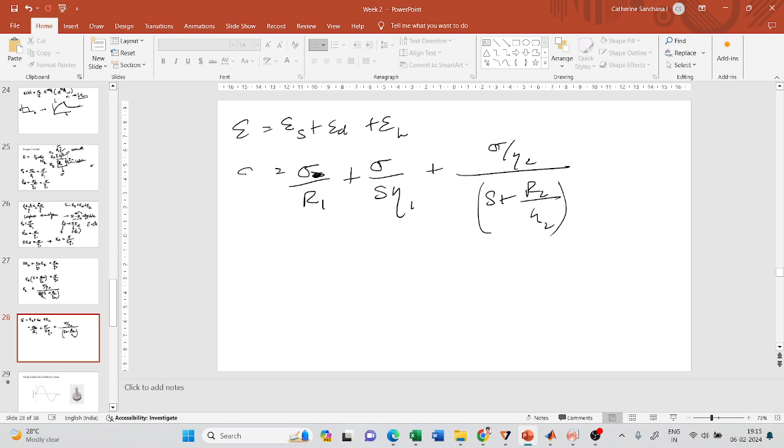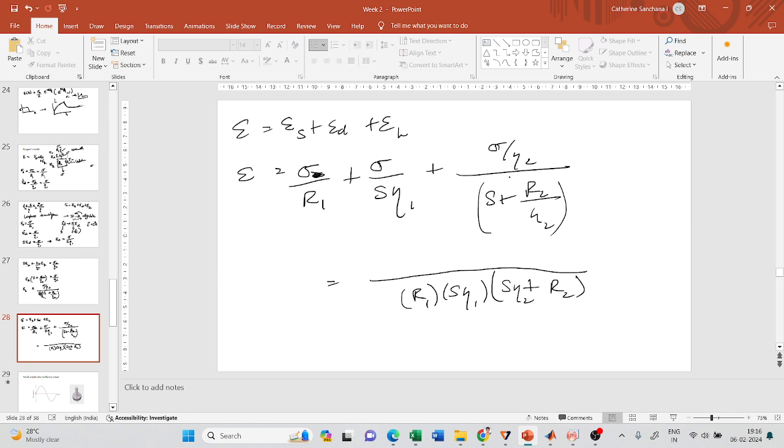Okay. Now I will take LCM. Denominator will be R1 s into eta 1 into s plus R2.